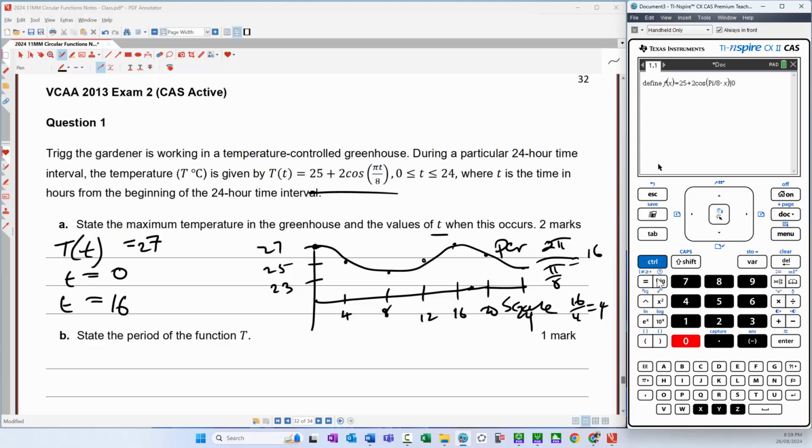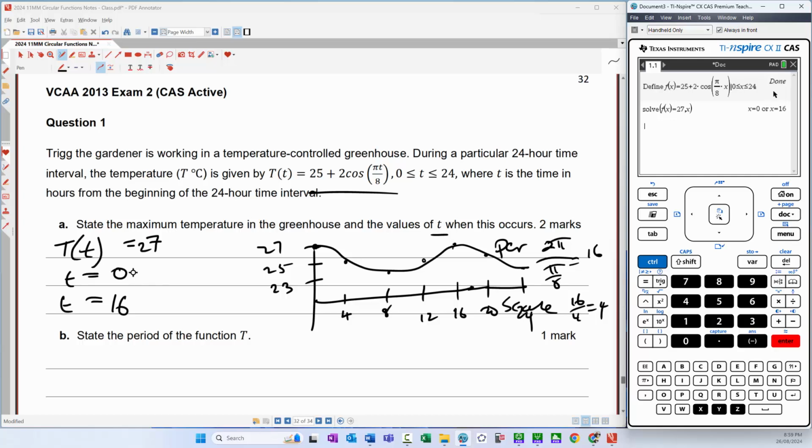So with 0, it's a bit of a pain doing this, but okay. So now we're not going to get any general solutions. We'll get all finite solutions because it's only defined between 0 and 24. So what we would do is go solve f of x equals 27 for x, 0, 16.